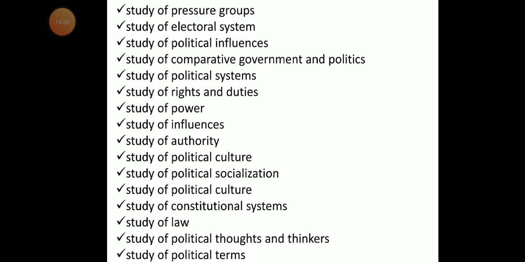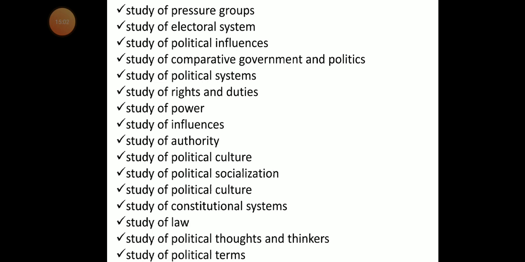So it is done in comparative government and politics, and it is part of political science. We study different political systems, as the structures of all political systems are the same, but their functioning is totally different. It depends upon the political culture of that country and how they have been socialized there.